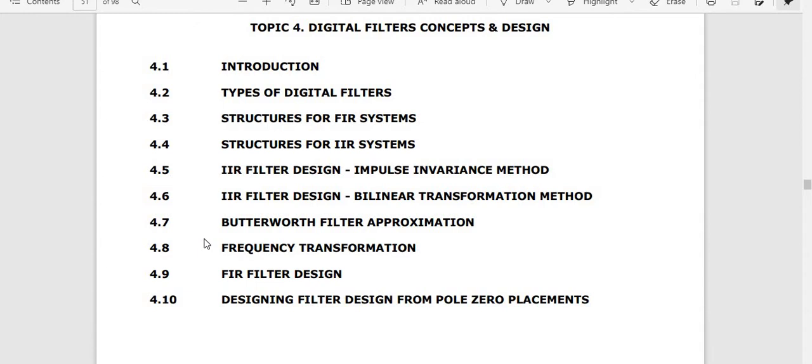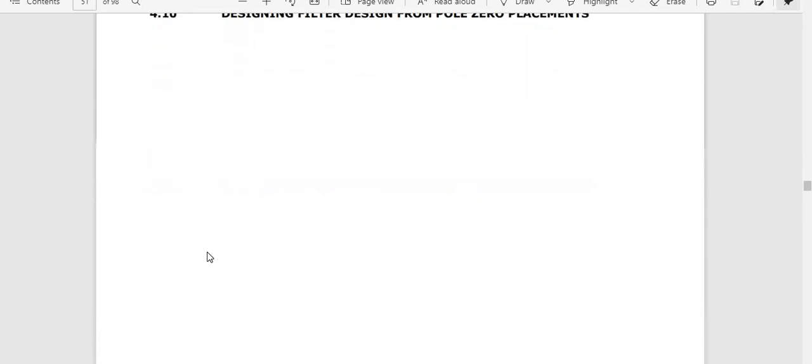And we are going to use frequency transformation, and then we have FIR filter design, designing FIR filters from pole-zero cancellation or placement. By using those concepts, we are proceeding ahead with the equations: how do we obtain those particular equations and how do we get that answer? Let us move ahead with digital filters, students.